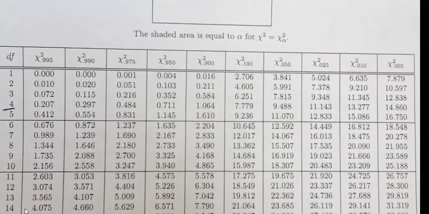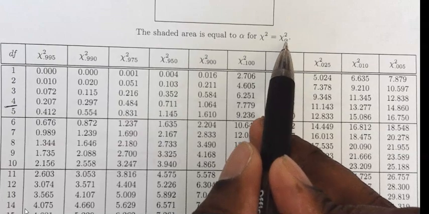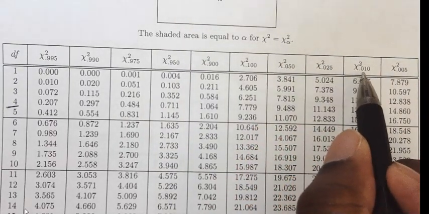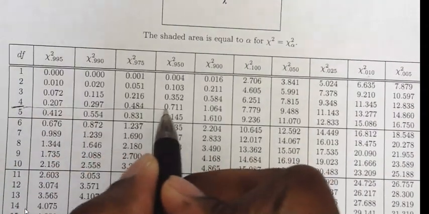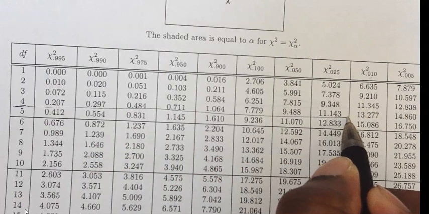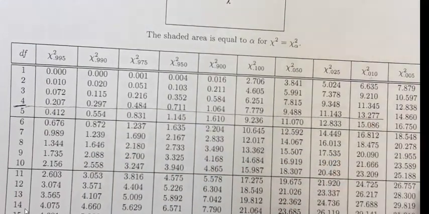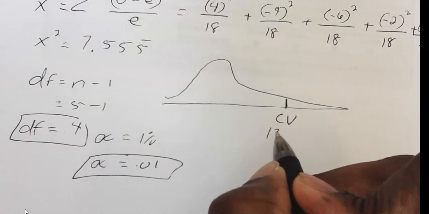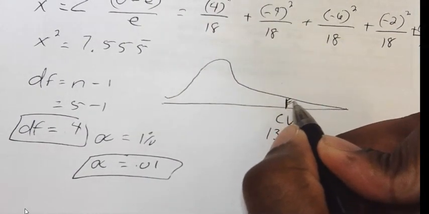And our significance level is here. So we're looking for our significance level of 1%. And 0.01 is right there. So if I look at that line, that's 13.277. That is our critical value.